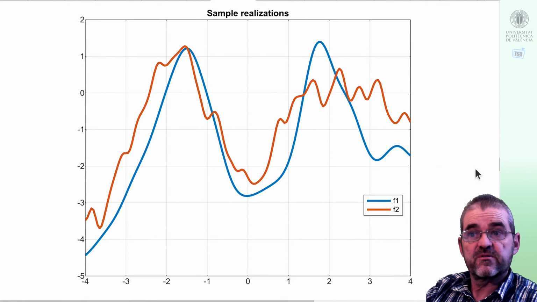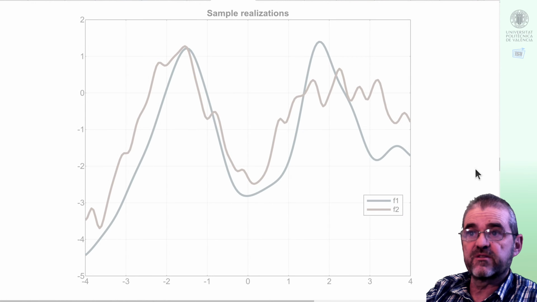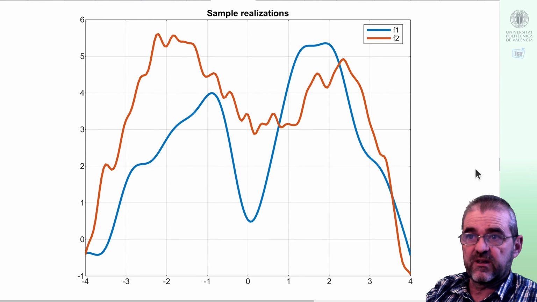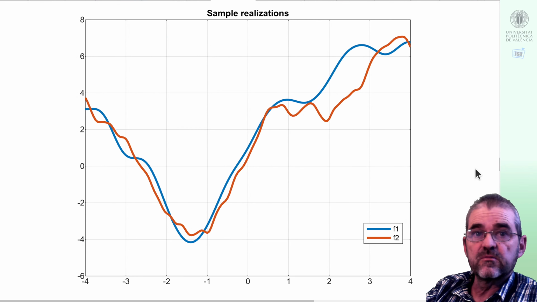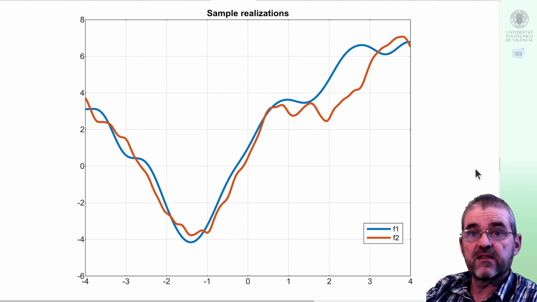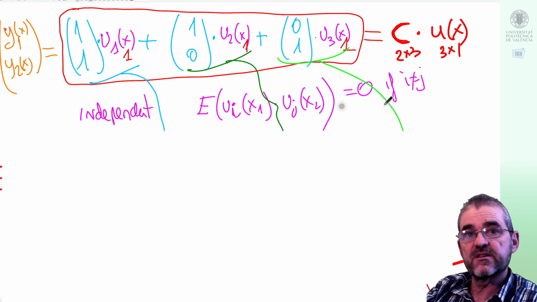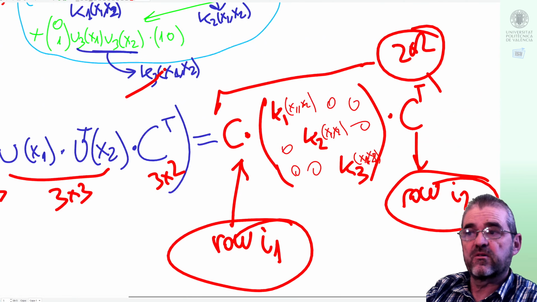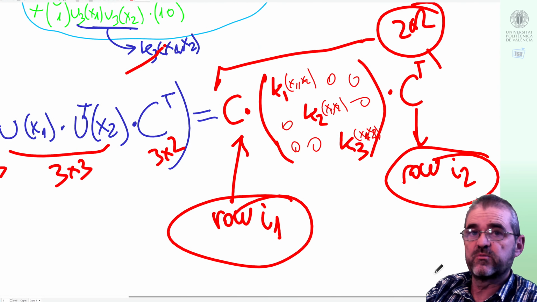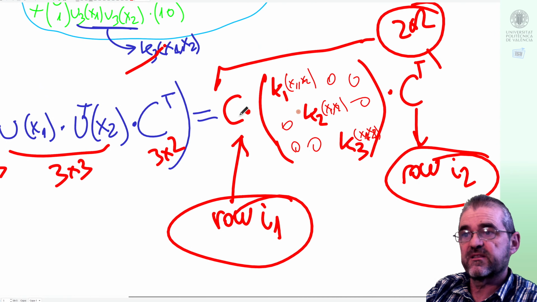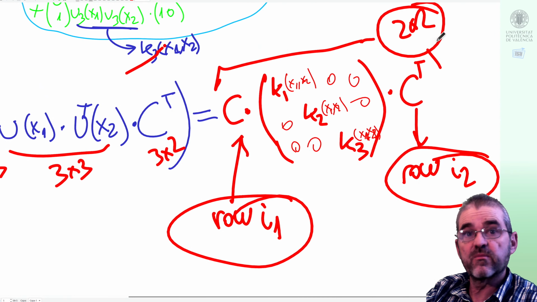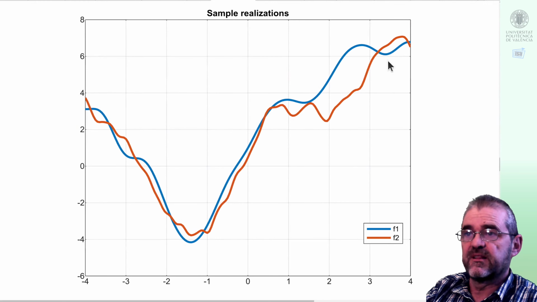We had a stochastic process with two outputs, and we had some correlation between them, so that we got these sample realizations in which functions go up and down somehow closely, and we explain that behavior with a component-based description, y equals Cu, in which these components were independent, cross covariances were 0, so covariance between the two outputs could be expressed with this matrix, and this ended up being a 2x2 matrix with some covariance structure, yielding these representations.